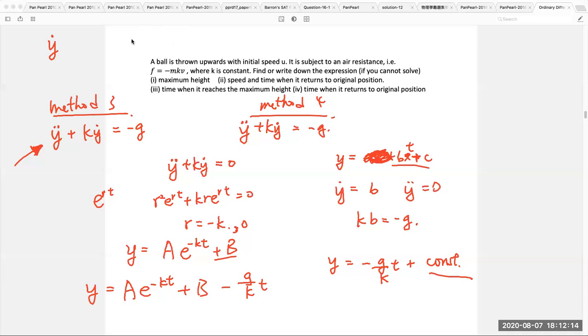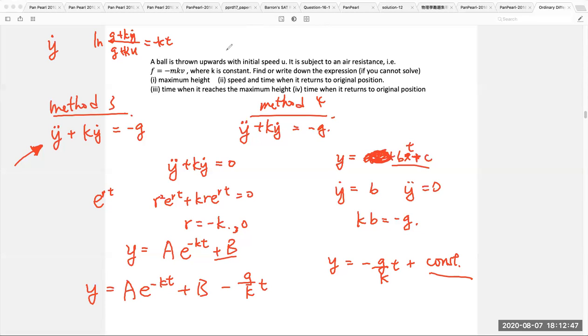Oh, the y dot. So we get this solution. So we need to express y dot as a function of t.